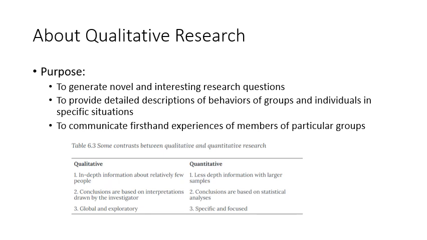The conclusions might differ depending on who's looking at the information. And in quantitative, the conclusions are based on statistical analyses. And finally, qualitative is global, meaning it's really broad and exploratory. It's trying to find out the basic information, whereas quantitative is specific and focused on a particular hypothesis.